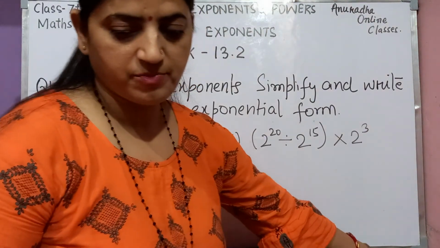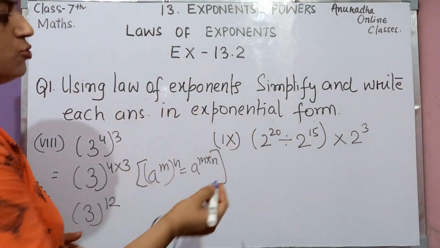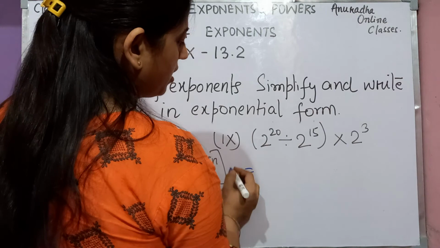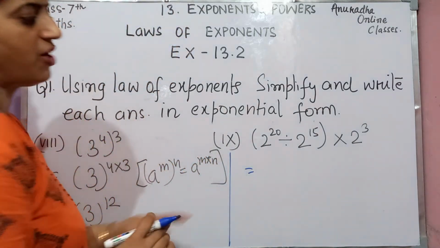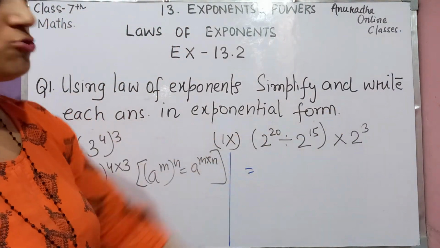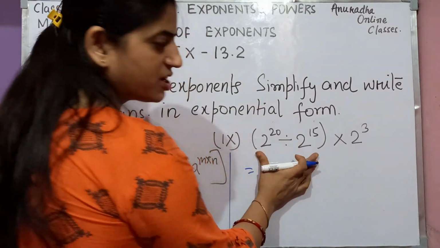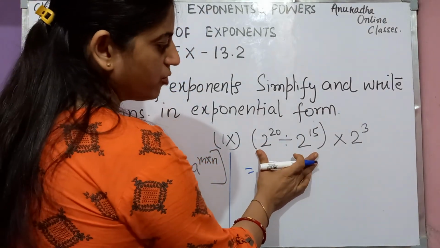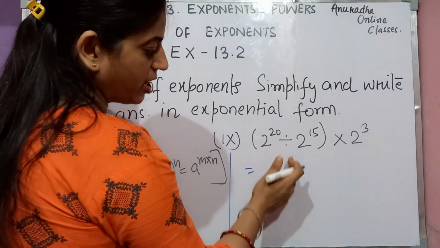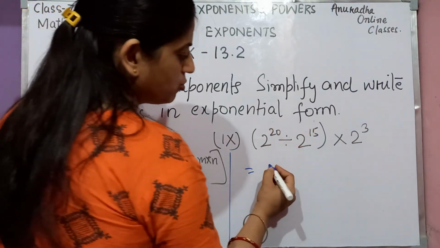This is 2 raised to the power 20. Okay, 2 raised to the power 20 divided by 2 raised to the power 15 into 2 raised to the power 3. We can do this. Firstly, we have to remove the bracket. So for bracket, what we are doing, division here, bases are same. What we'll do?